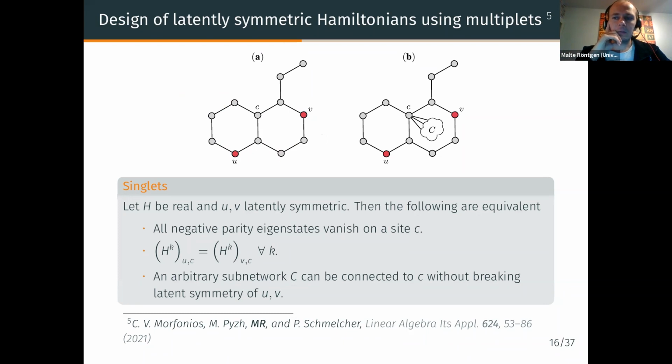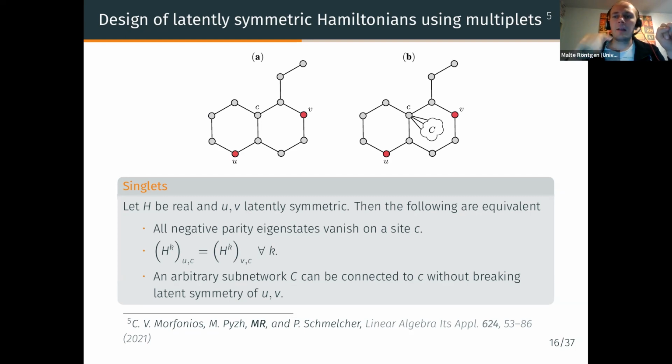What we did is we first tried brute force connecting different sites somewhere, and we found out sometimes you can connect something without breaking latent symmetry and sometimes not, and we were not finding any pattern behind this until we took great care and said, okay, we have seen before that the diagonal elements of our matrix powers are related to latent symmetries. What about the off-diagonal elements?